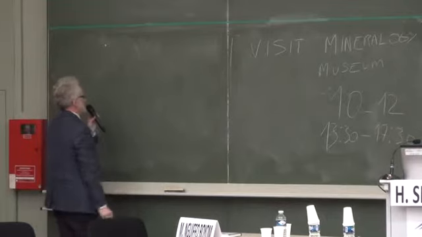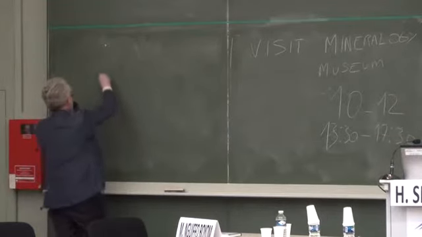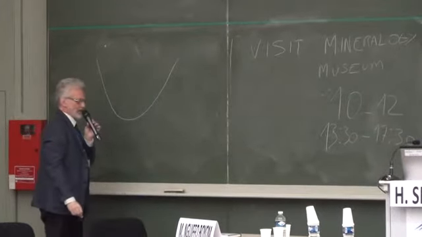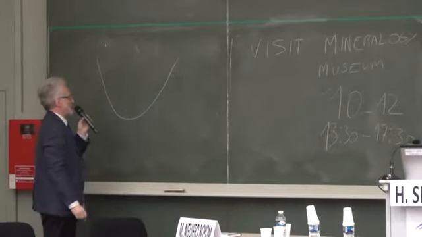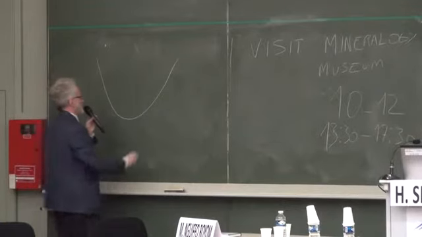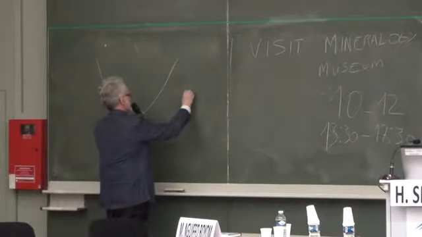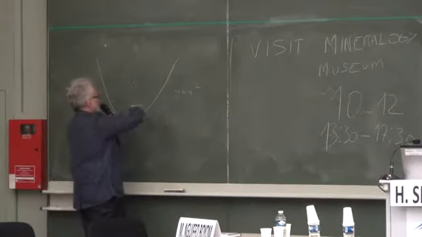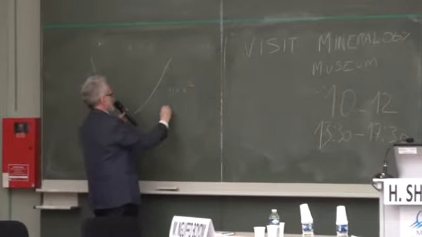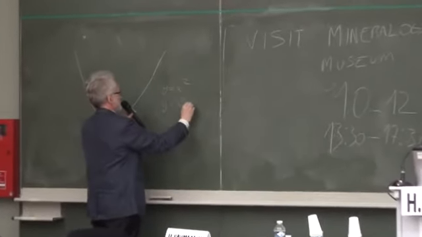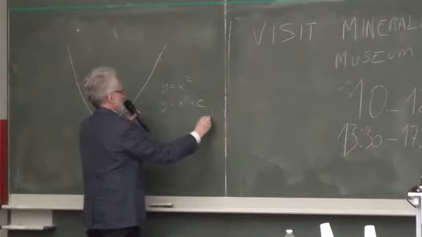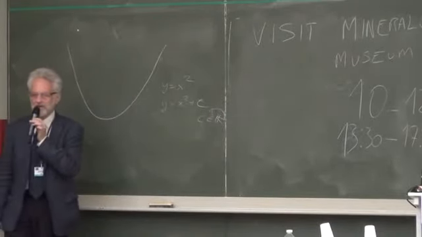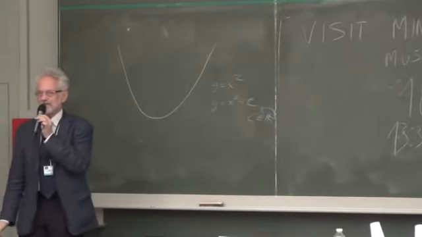Let's take a plane and draw a parabola of the equation y equals x squared. Then you transport the parabolas vertically. You have a family of parabolas not intersecting one another, which fills the plane.